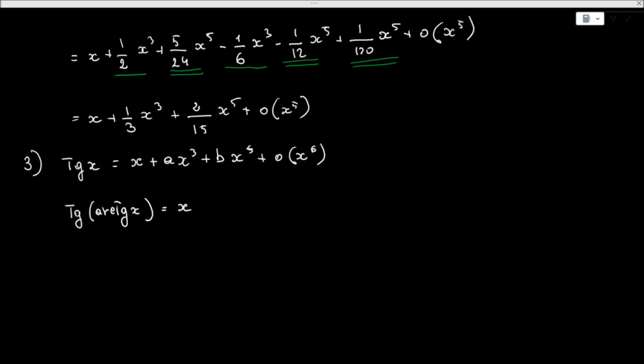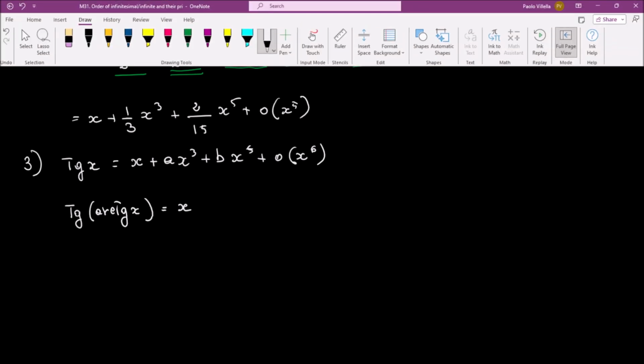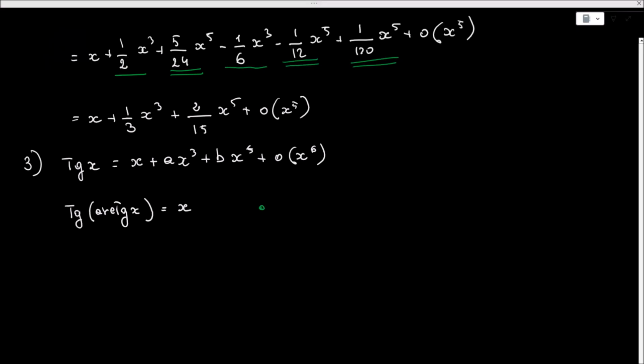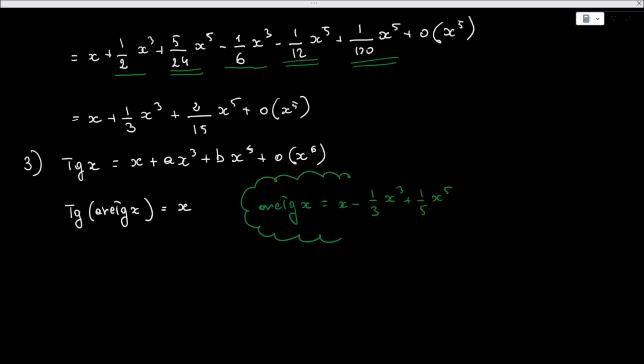And the idea is that now we can use what we have learned about the polynomial of a compound function, and we remember the polynomial expansion for arctangent of x, which is x minus 1/3 x to the cube plus 1/5 x to the fifth, and so on and so forth. So we will be using this result.